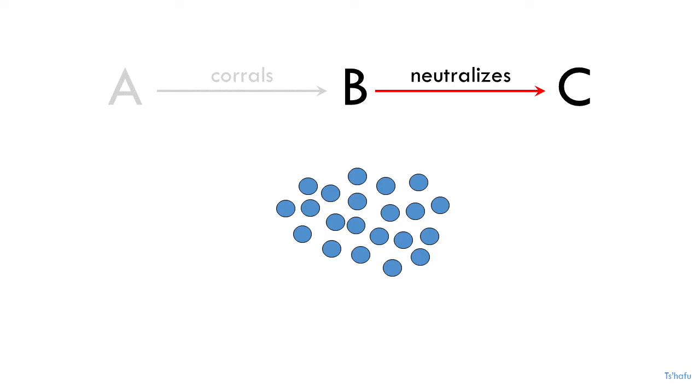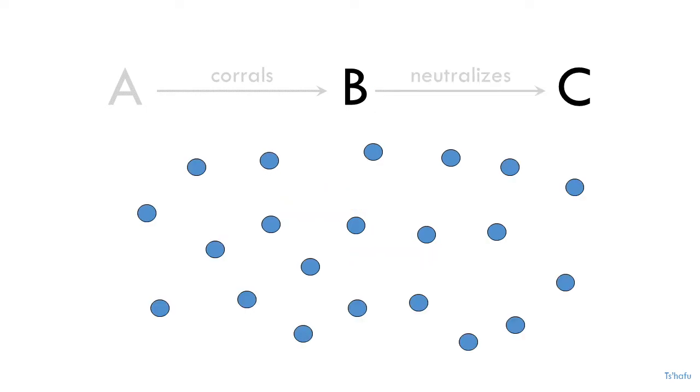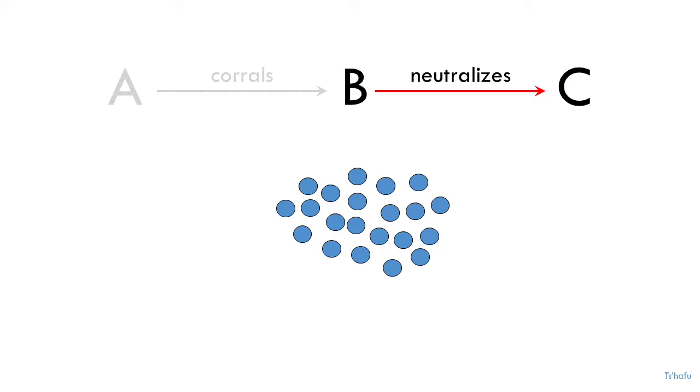According to this thesis, B, when it's in its dispersed state, does not neutralize C. That means if B is in its dispersed state, then C can just do whatever it's doing. It's just dancing around, doing its thing, feeling good. But B neutralizes C when it is corralled.